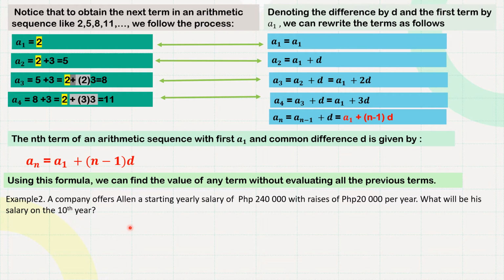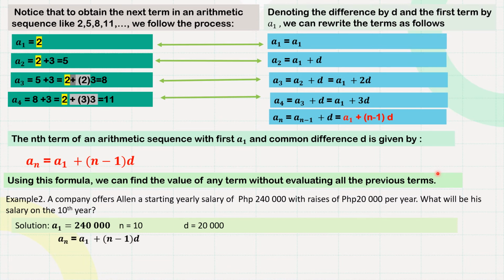Identify muna natin ang given. Ang first term natin ay 240,000. Ang common difference natin ay 20,000 pesos. At ang n natin ay 10, kasi yun yung kailangan nating term.